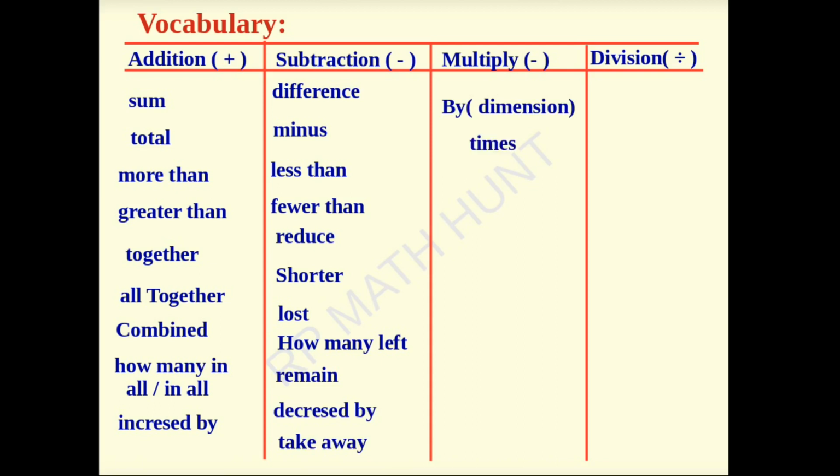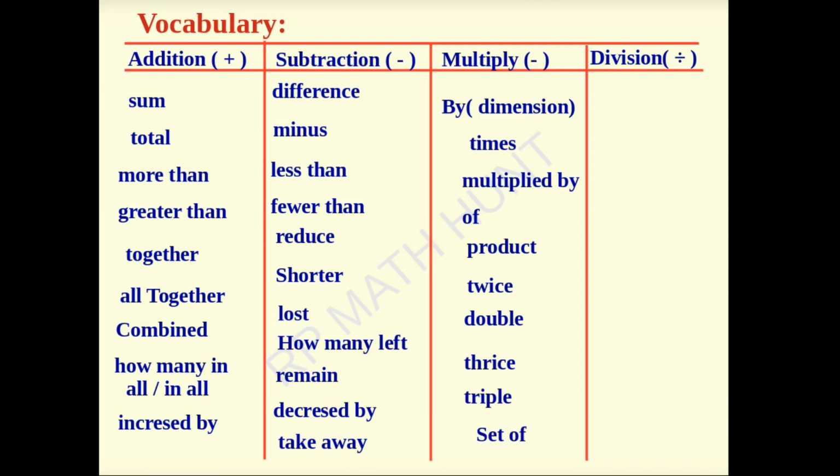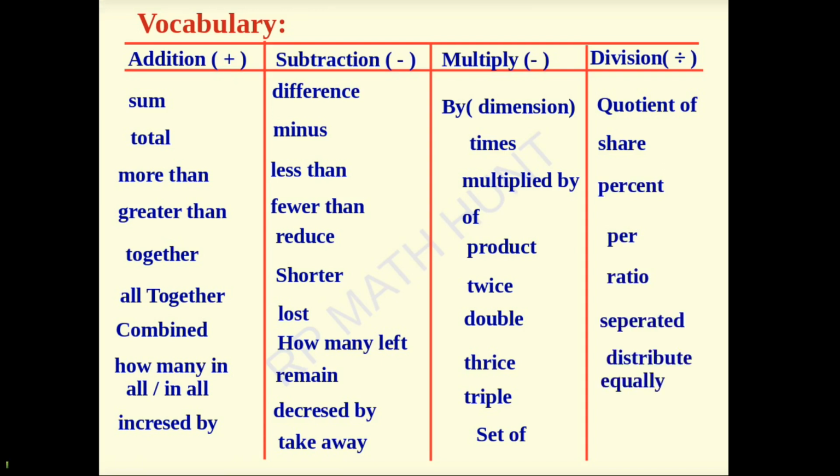Now multiplication: by dimension, times, multiplied by, of, product, twice, double, thrice, triple, set of. Division: quotient, share, percent, per, ratio, separated, distribute equally.